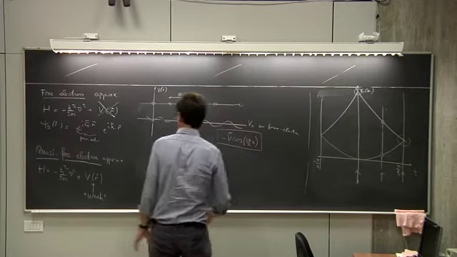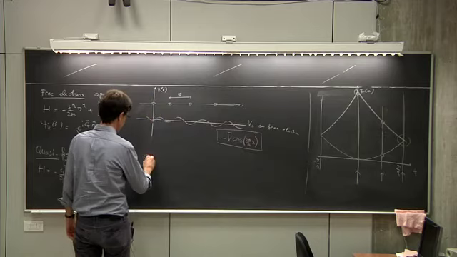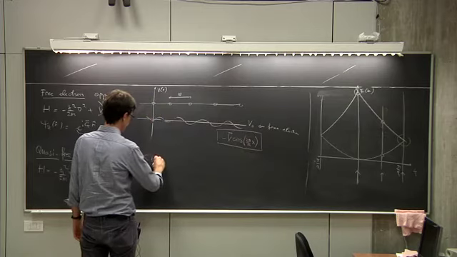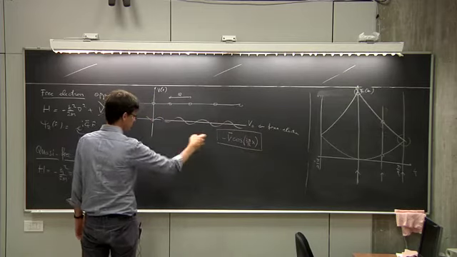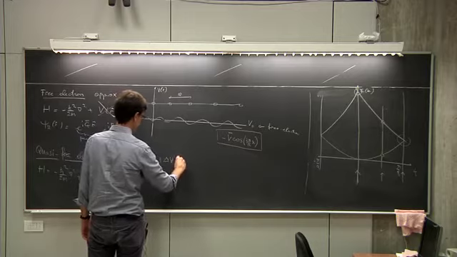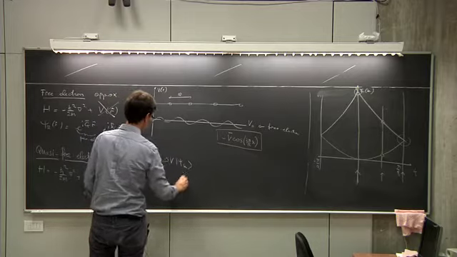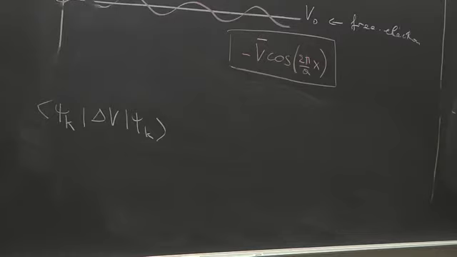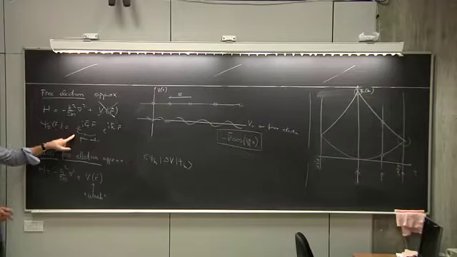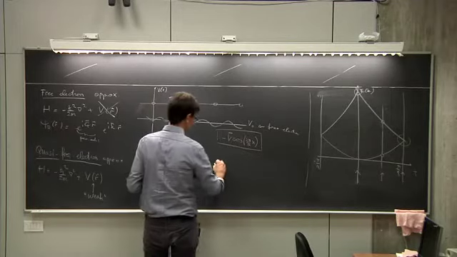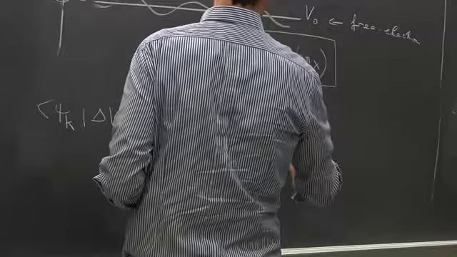So therefore, I have to calculate psi k delta V, psi k, where psi k is given by this function. If we are there, psi k is equal to what?